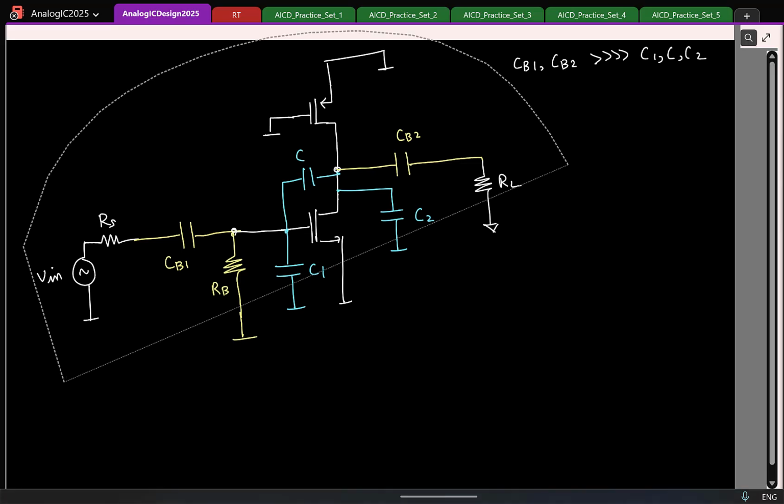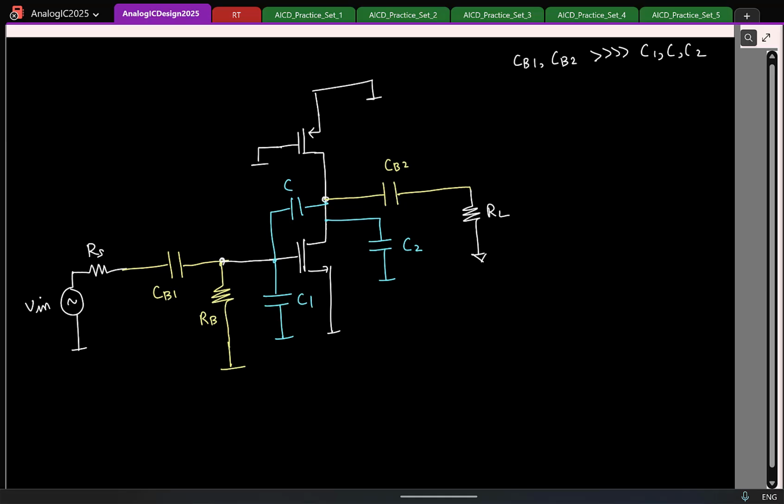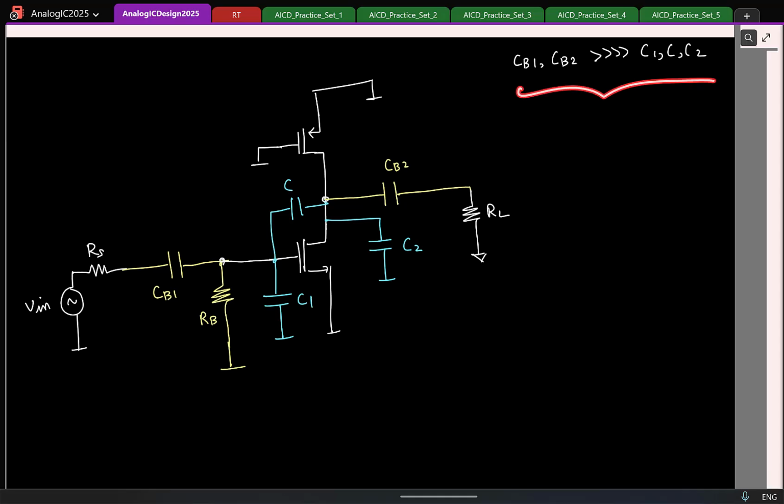Which means if I do the experiment where I try to increase the frequency from S equal to 0, at S equal to 0, which is DC, what can you say about all capacitors? They are all open. Now if I keep increasing frequency, which capacitors here will start to not act like an open circuit? CB1 and CB2. At those frequencies where these are not acting like an open circuit, the others will still be acting like an open circuit.